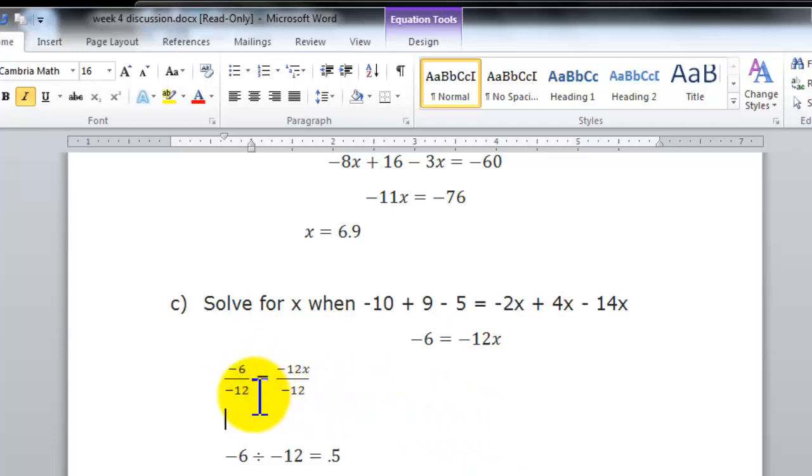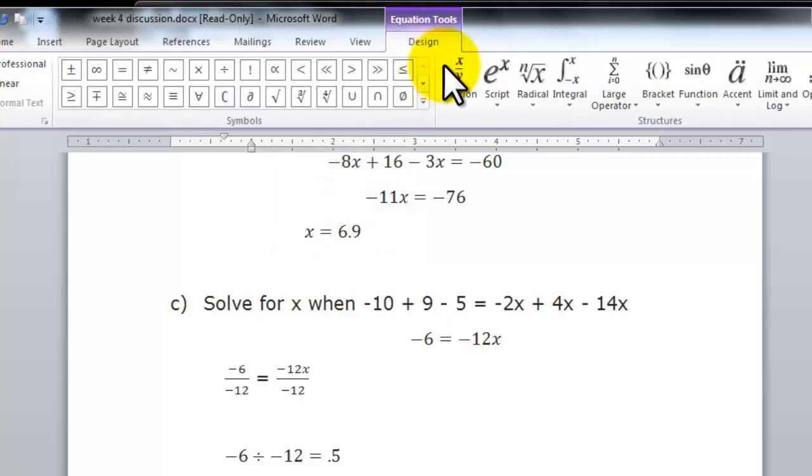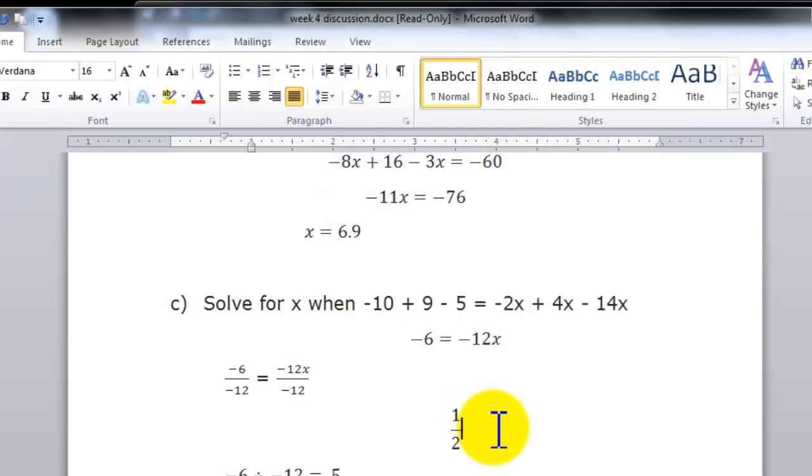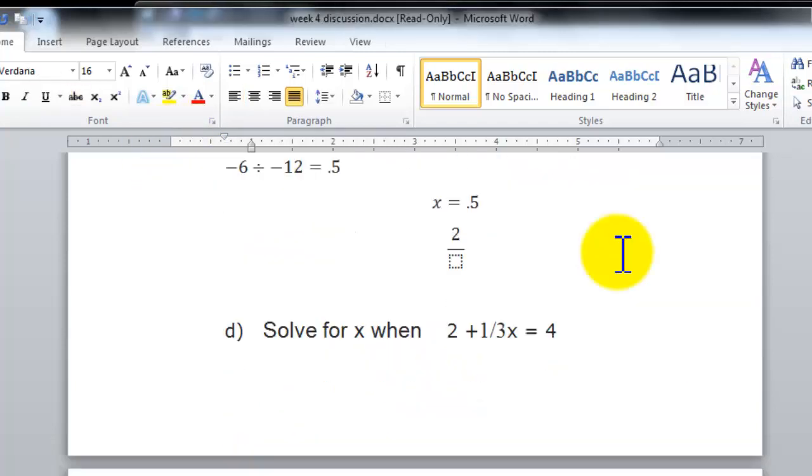Negative 6 divided by negative 12 gives you a positive 1/2. And when I enter, it's going to pop over there, equal to x, because the negative 12 over negative 12 cancels out. That's the long and short of how to use the equation tool.